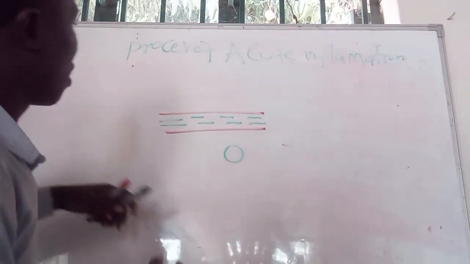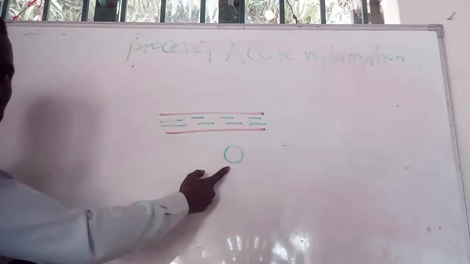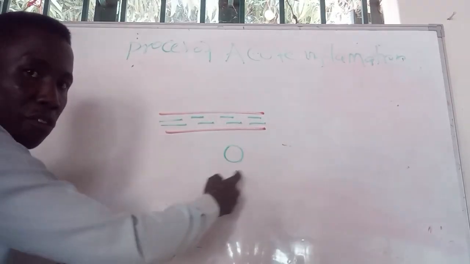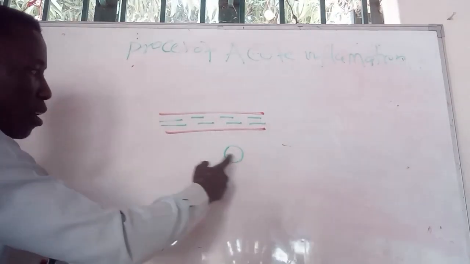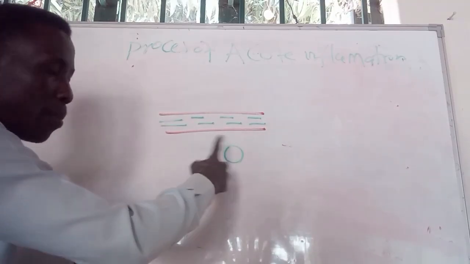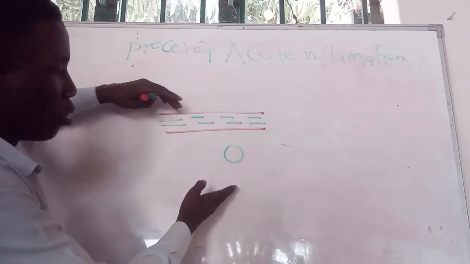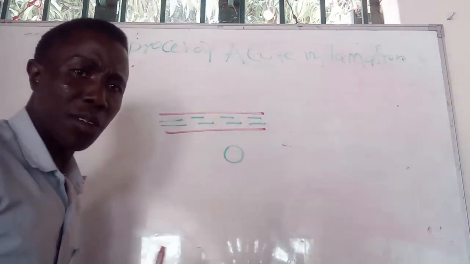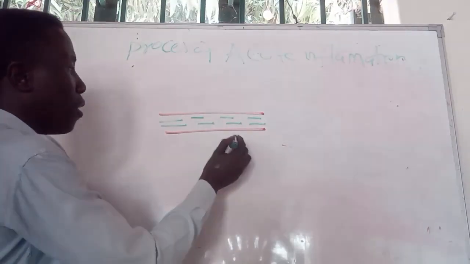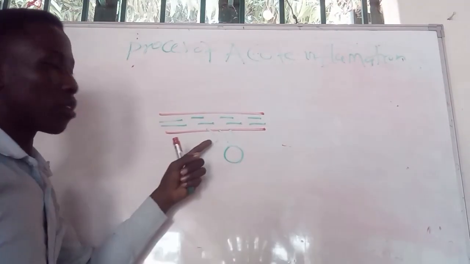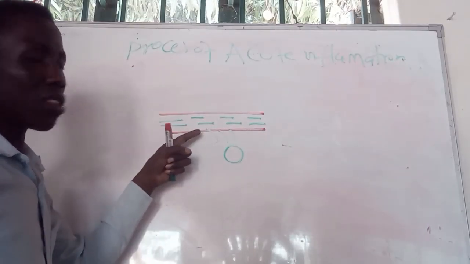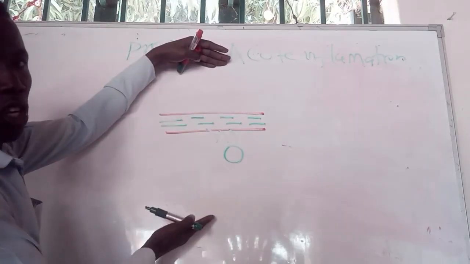Once there is an antigen, the body has detected the presence of an antigen, and the antigen has damaged some cells around this area. The cells have produced chemical substances like histamines and prostaglandins. These inflammatory mediators travel to the blood vessel, and when they do, they lead to dilatation of the blood vessel.